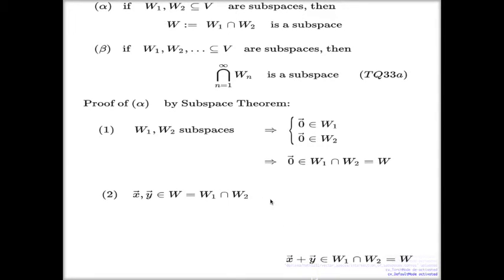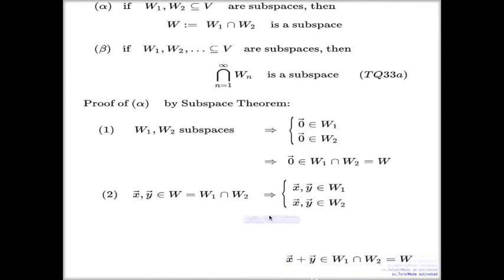Look at this. First, because something belongs to the intersection, it means it belongs to every part of that intersection, right? It's just interpretation of being in the intersection of two sets. If x belongs to the intersection, it belongs to W1 and W2, and the same goes for y.